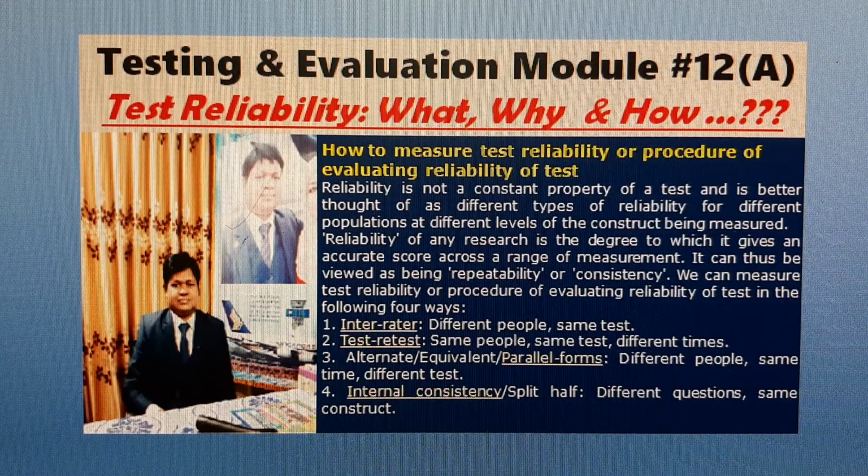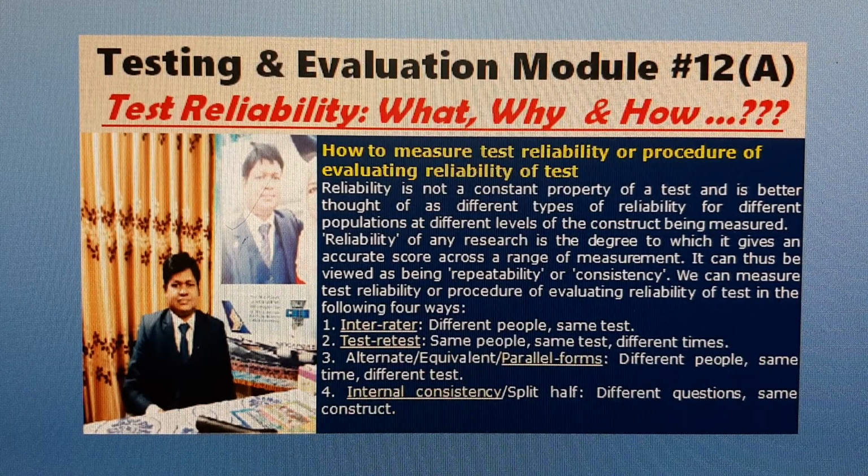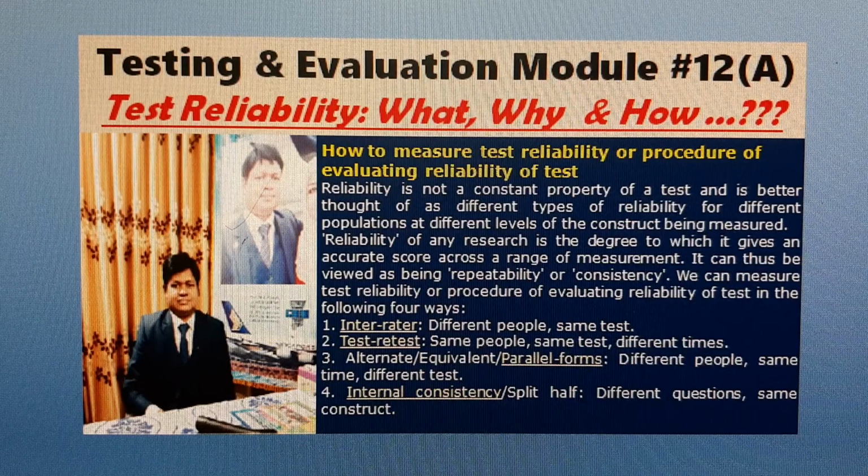In fact, reliability of any research is the degree to which it gives an accurate score across a range of measurement. It can thus be viewed as being repeatability or consistency.